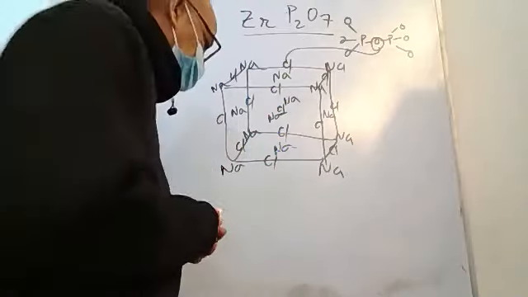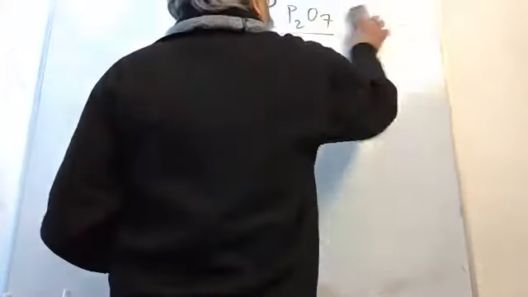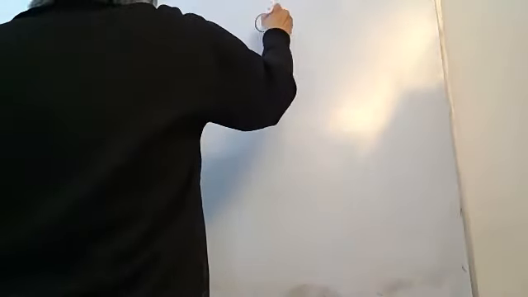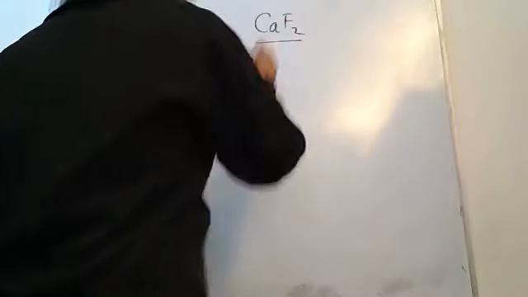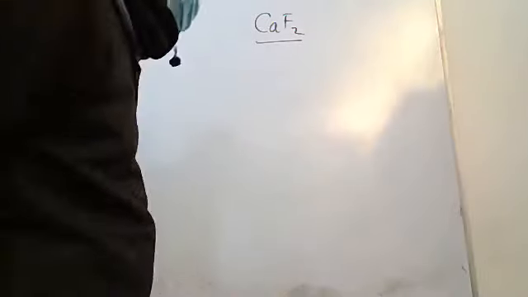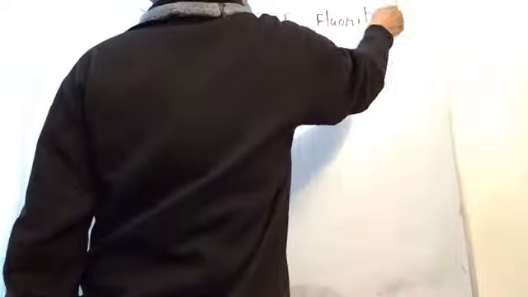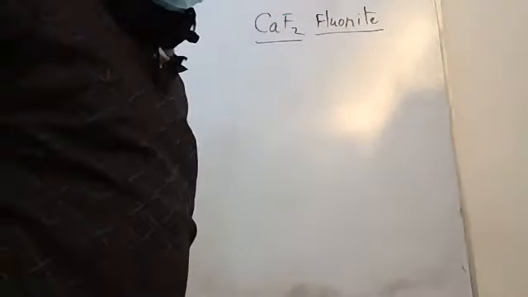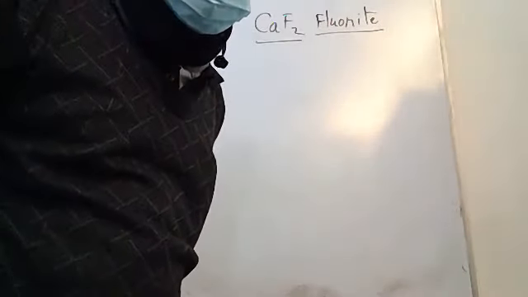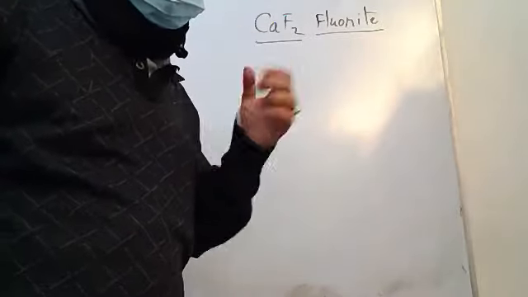So we'll take another example of crystal structures using tetrahedral and octahedral holes. We'll talk about, let's say, calcium fluoride. Calcium fluoride is a very important crystal structure again. This is also called fluorite. Whenever you are dealing with precious stones, calcium fluoride is one of those compounds that is associated with the precious stones.